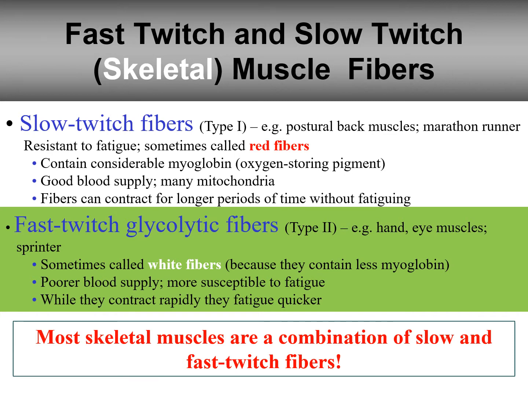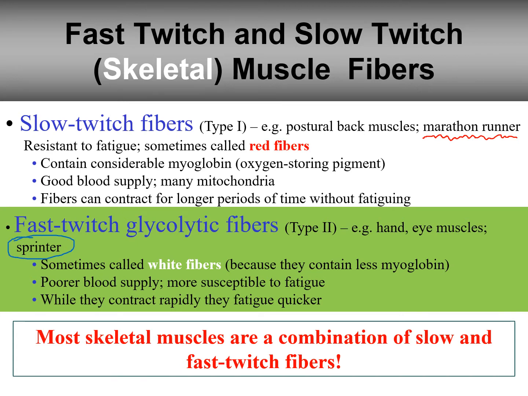And so if you note here, for example, for the slow twitch fibers, there is a predominance of many mitochondria and a good blood supply, so these fibers can contract for longer periods of time without fatiguing, which is why, for example, somebody that has a higher proportion of slow twitch versus fast twitch might be more effective as a marathon runner, as opposed to somebody who has a higher proportion of fast twitch than slow twitch, who might be a better sprinter than they would be a marathoner.